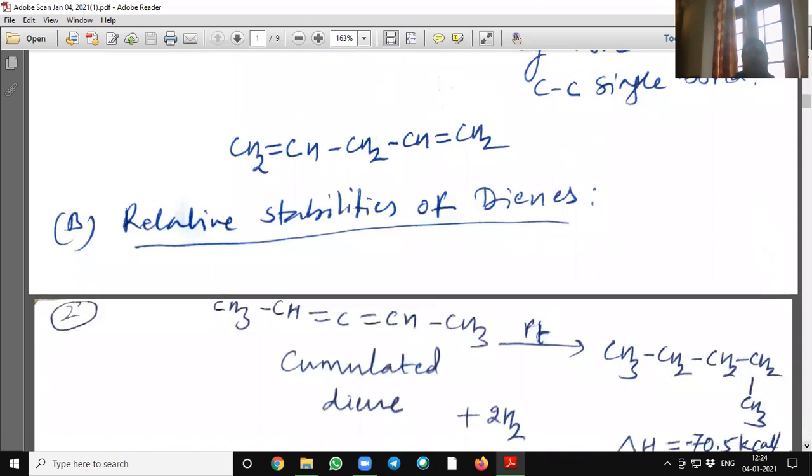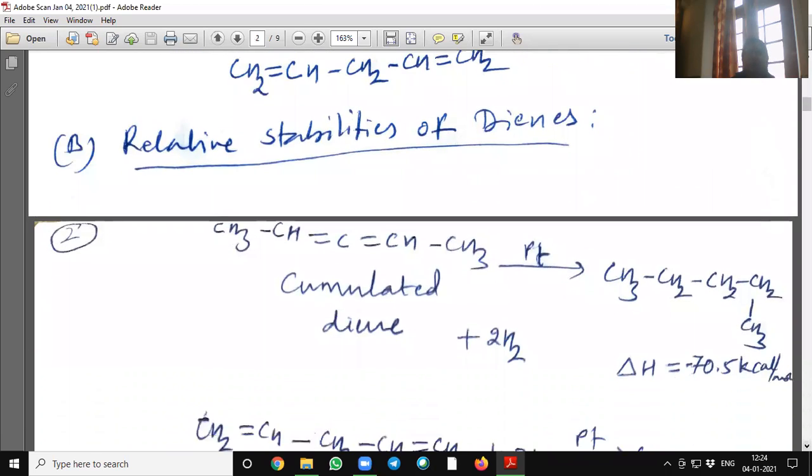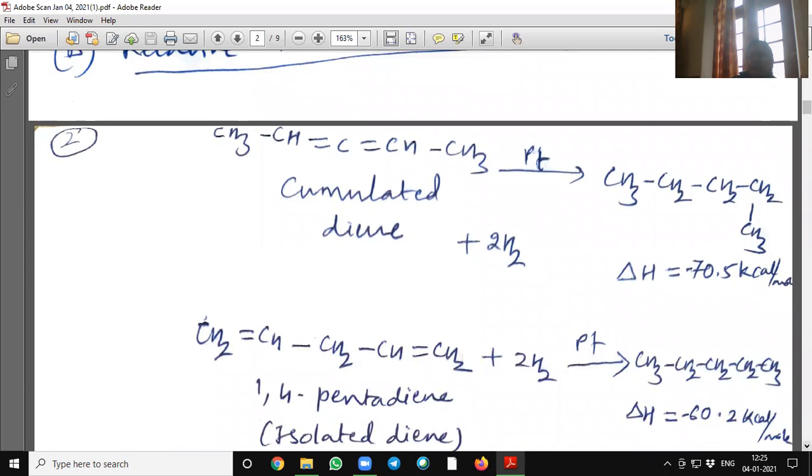Relative stabilities of dienes. Cumulated dienes, when hydrogenated with 2 moles of hydrogen, will give normal pentane, and it will evolve minus 70.5 kilocalorie per mole energy.